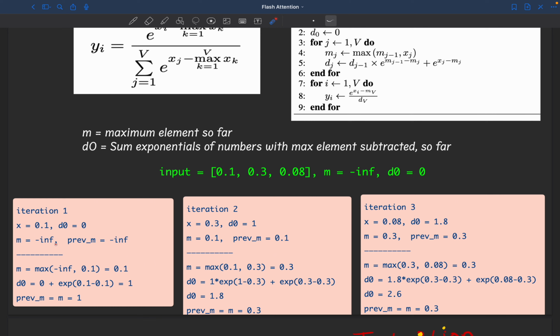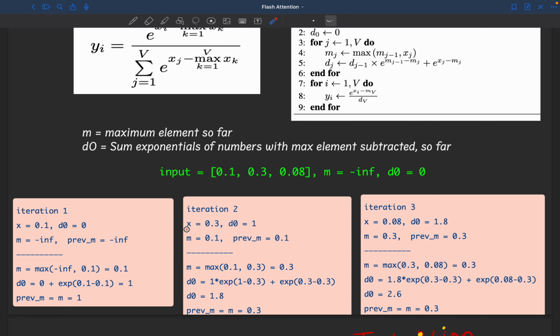It is 0. Now we are trying to find the maximum value, because that's the only element we have seen so far, right? And previously we haven't computed anything. And for a given element, softmax of that will always be 1. D is 1 here, and whatever we calculated, 1, will become the previous, right? I'm just reshuffling this for the next iteration here.